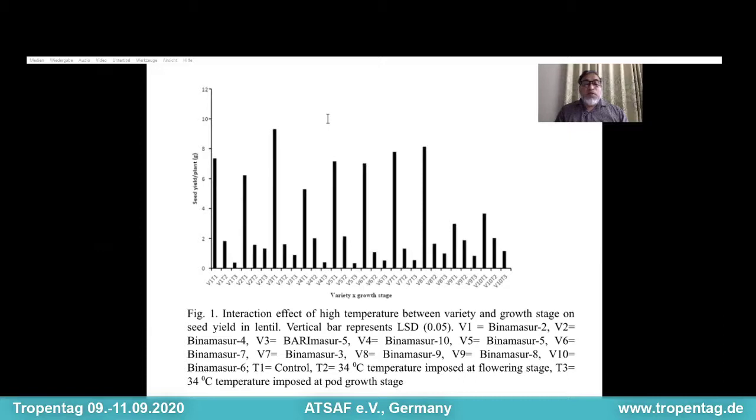Bina Musur 2 and Bina Musur 3 showed higher reduction in yield, whereas Bina Musur 6 and Bina Musur 8 reduced less yield under high temperature treatments.